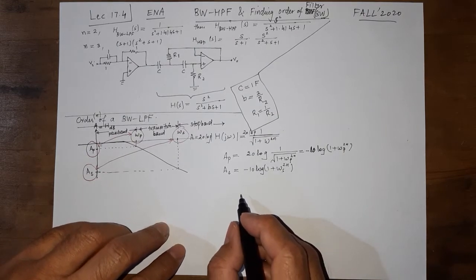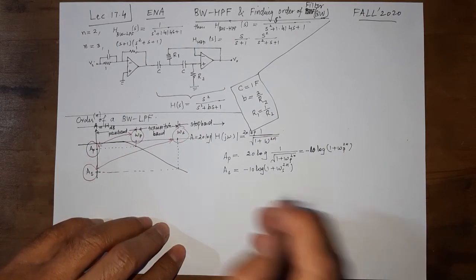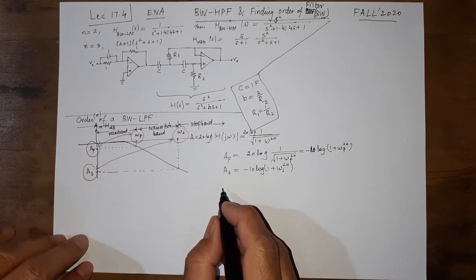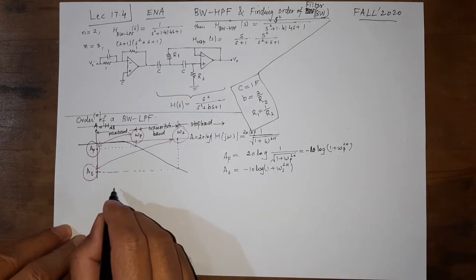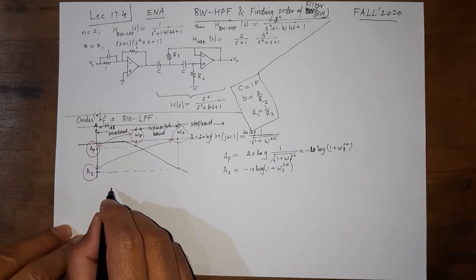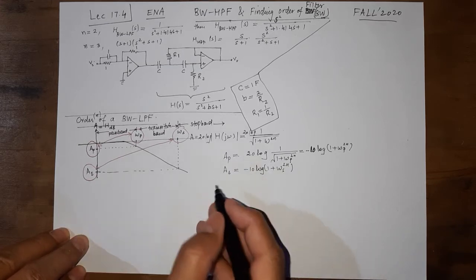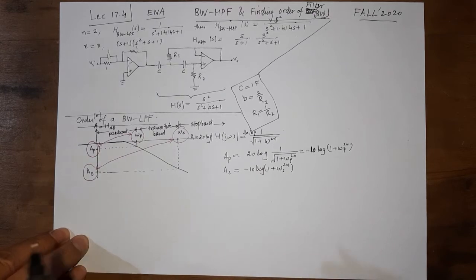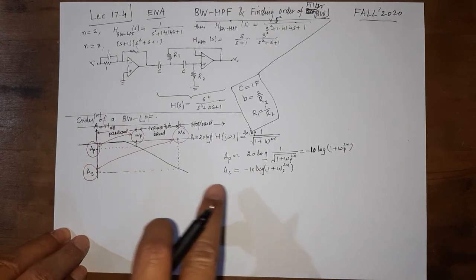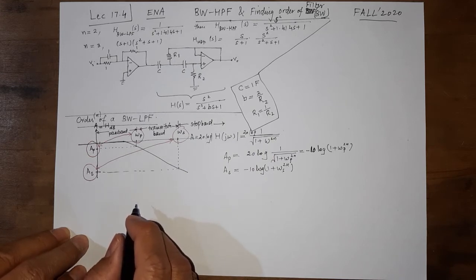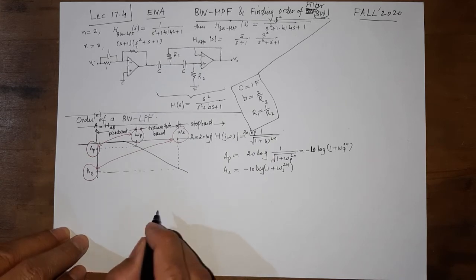So if we now take the ratio of AS and AP, actually, let us put this in the numerator. It does not matter which one goes to the numerator, but for a low pass filter, putting this omega s in the numerator would yield an expression with a positive sign.